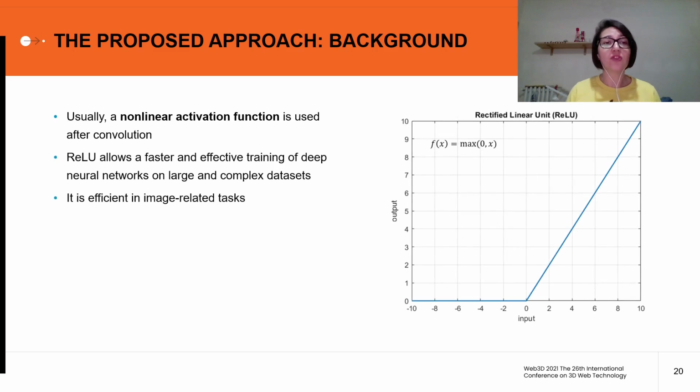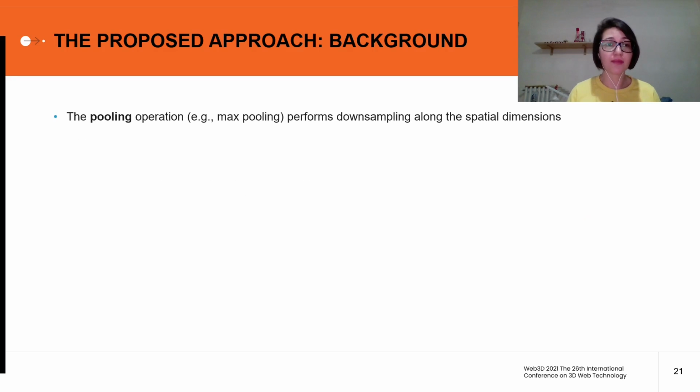Since convolutions are linear operations, usually a nonlinear activation function is used after convolution. The ReLU is the most used nonlinear activation, which allows a faster and effective training of deep networks on large and complex datasets. It is efficient, especially in image-related tasks.